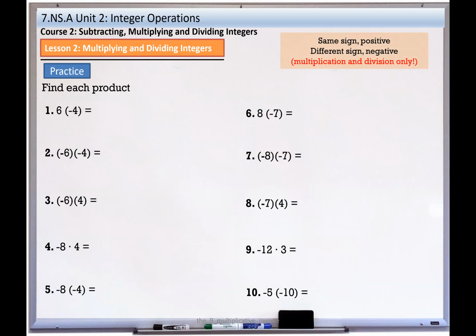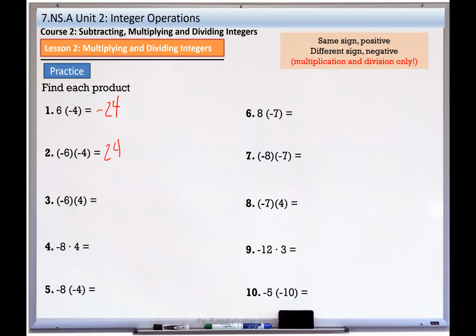Let's do a few examples. So 6 times negative 4 is negative 24. Different sign, negative. Negative 6 times negative 4. Same sign, positive.